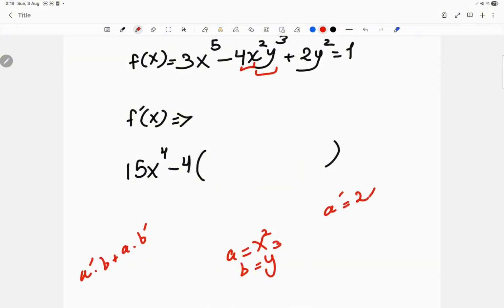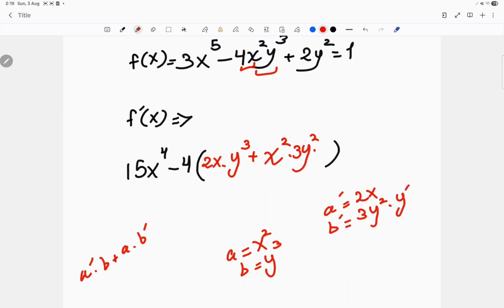A prime is equal to 2x, b prime is equal to 3y squared times y prime. You're going to have a prime times b, so 2x times this, plus a times b prime, plus 4y y prime is equal 0.